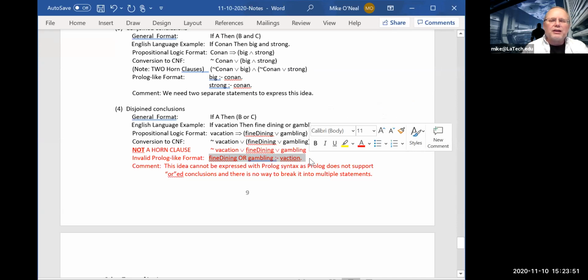Fine dining or gambling if vacation. And I misspelled vacation, didn't I? So you cannot have a disjoined conclusion, because to do so, you would need more than one positive propositional variable in your Horn clause.